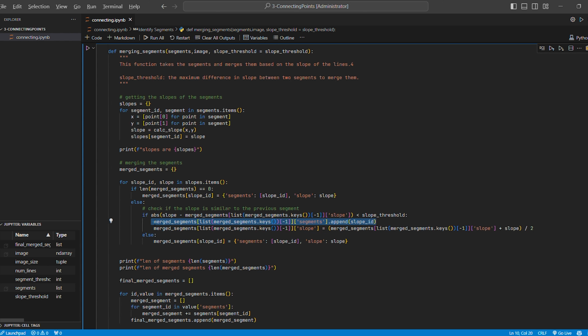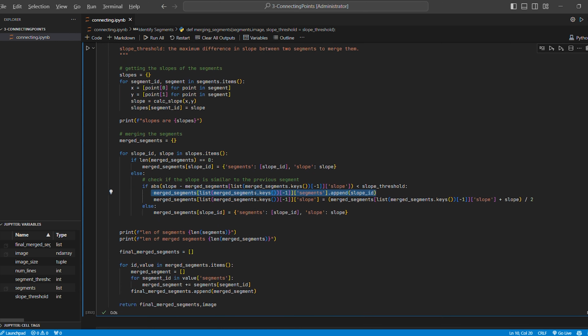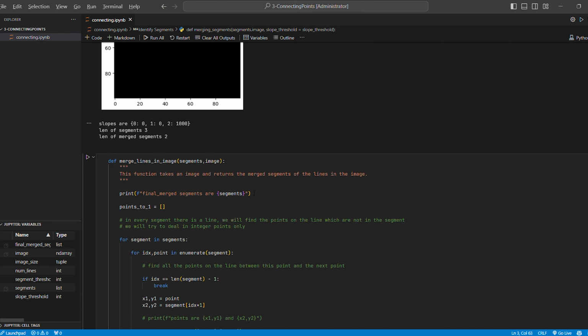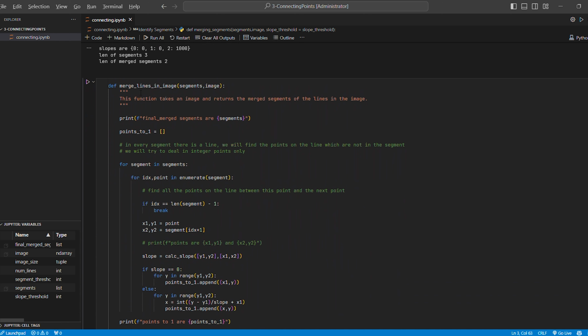We can visualize this with this graph. After merging those segments, we can fill in the blanks. Basically, the different segments merged into a merged segment represent a line, and the pixels in between these segments should be made 1 to connect the whole line. For that I've written a function to merge the lines in the segment.